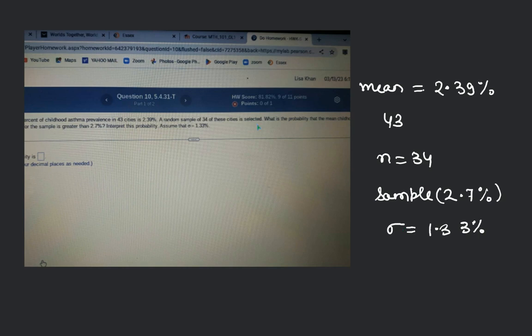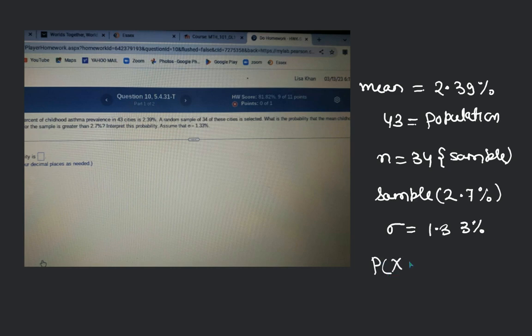Got it. So what information have we been given? This is the population data, and this is the sample data, n. We need to find the probability of the mean being greater than 2.7%.